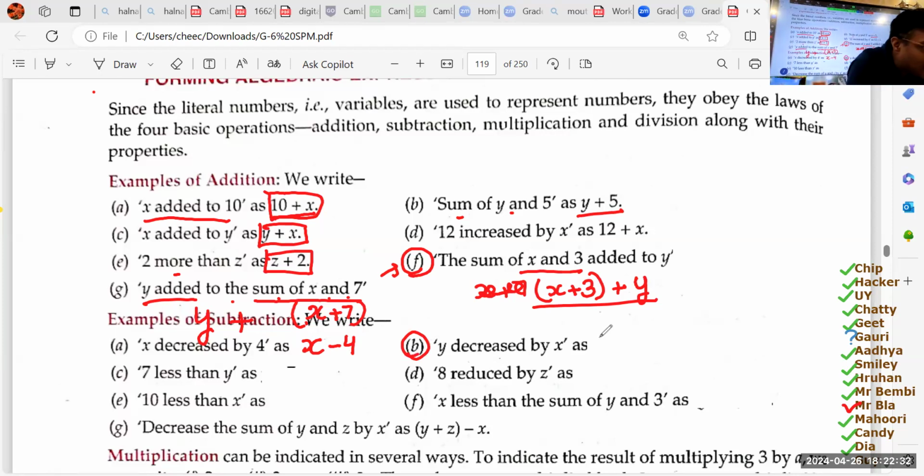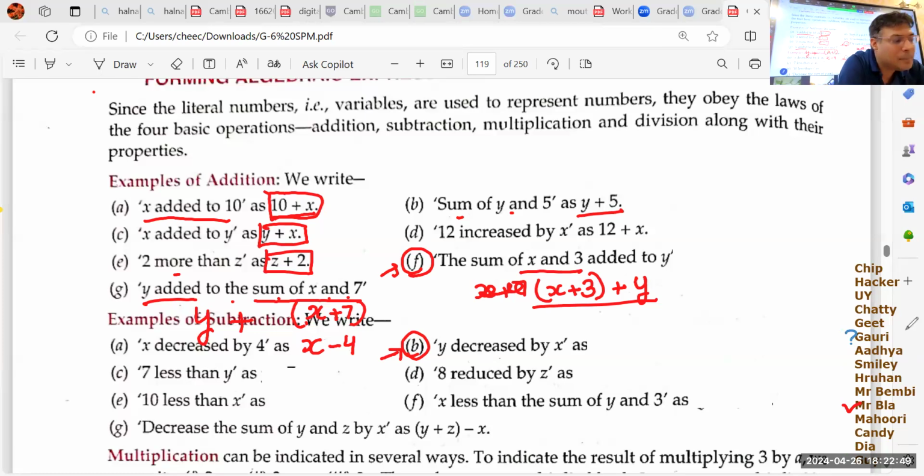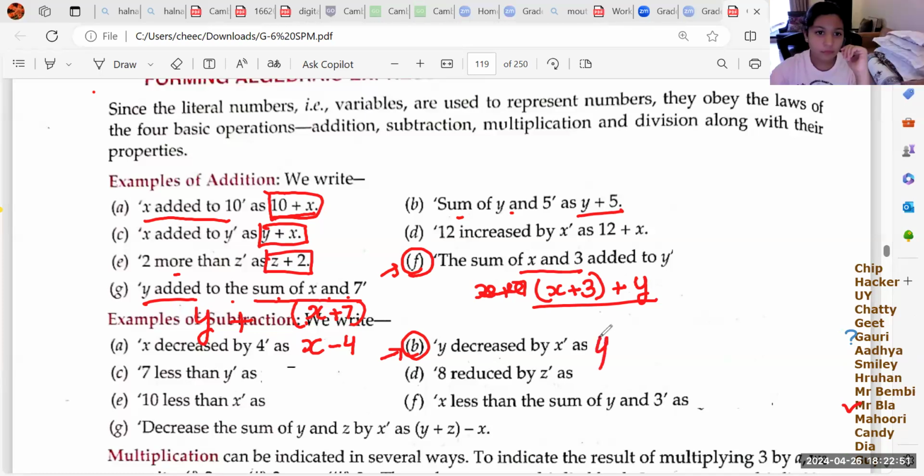So what will be my answer, Candy? Sir, can you repeat the question? Y decreased by x. No beta, I am decreasing y by x. So y decreased by x is y minus x.